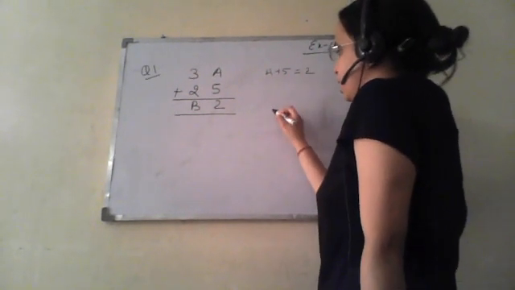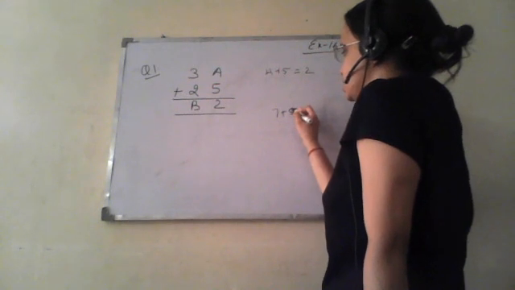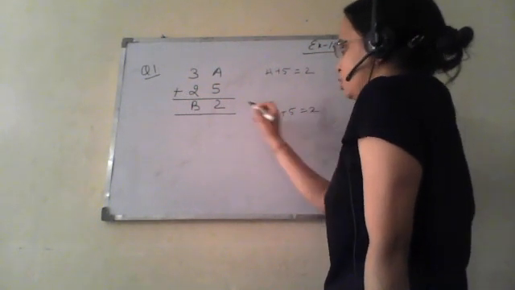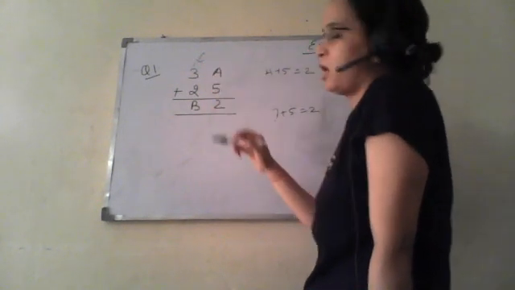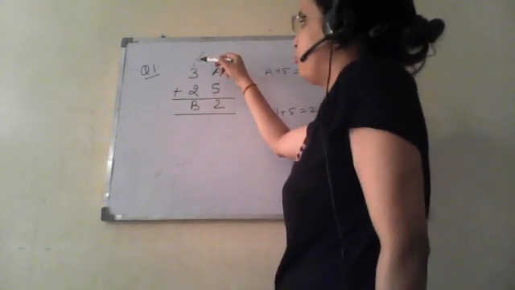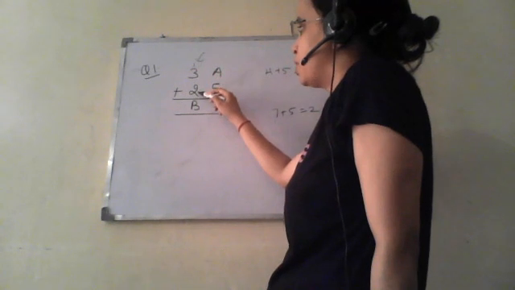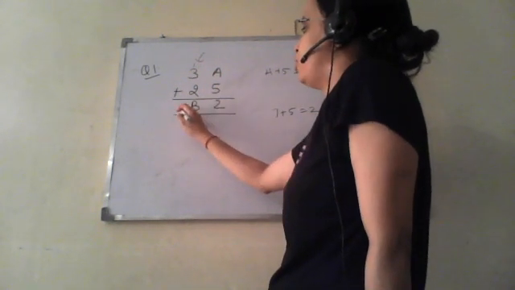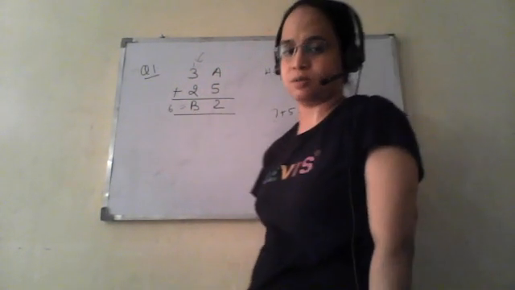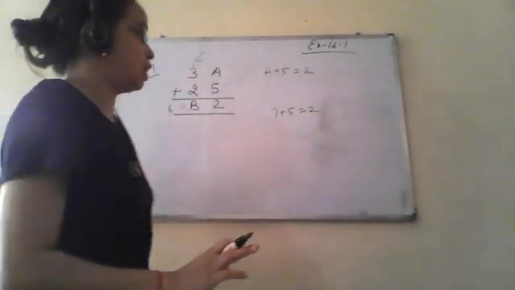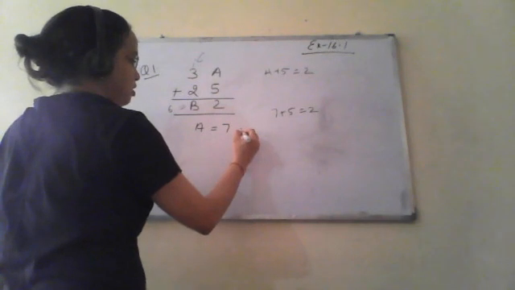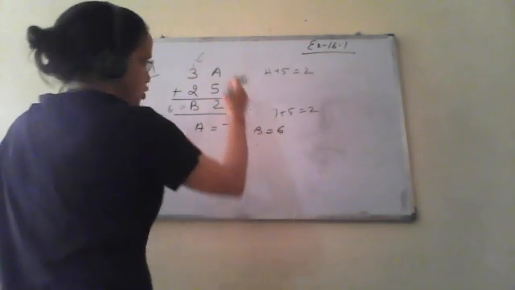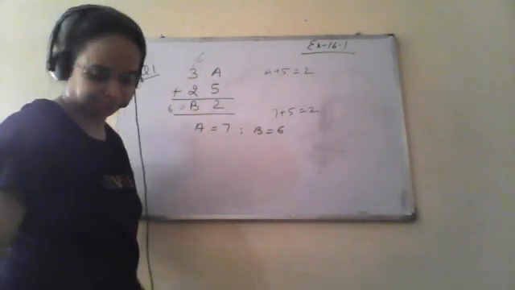We can put A equals 7. 7 plus 5 is 12, so we write 2 and carry 1. Now 1 plus 3 is 4, and 4 plus 2 is 6. So the value of B will become 6. So A equals 7 and B equals 6. You have to check these things.